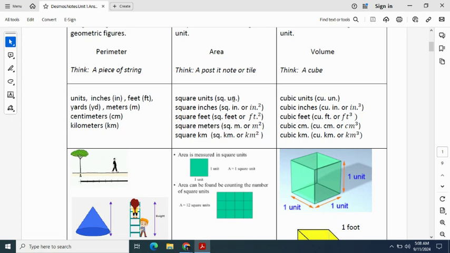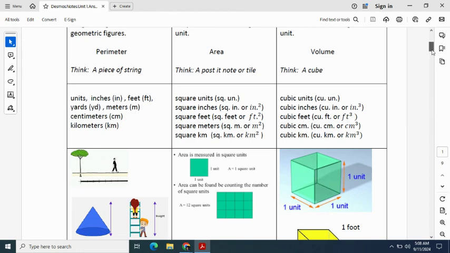And if you notice, the labels could be written abbreviated, like square inches, sq. in., or with a little 2, which is called an exponent when it's in the upper right hand corner. Now it looks like you would read it as inches square, but it's not. You have to read the 2 first. It's square inches, square feet, square kilometers, square meters. So you can write it any of these ways.